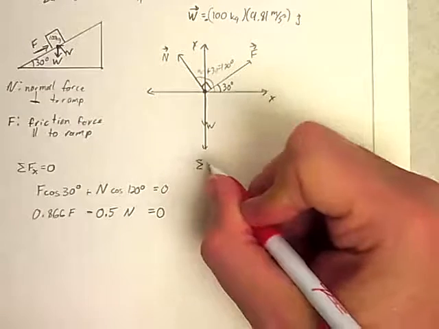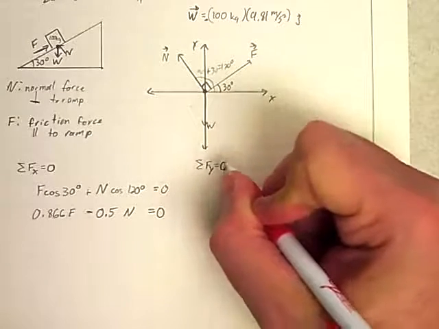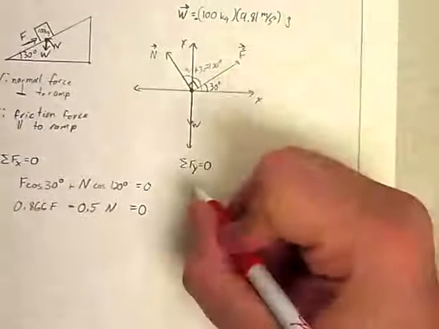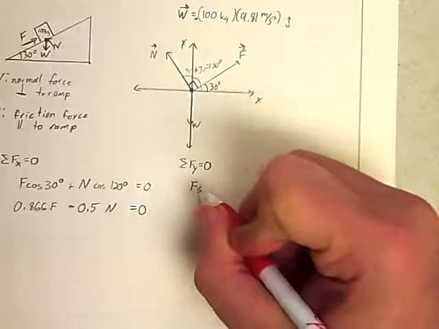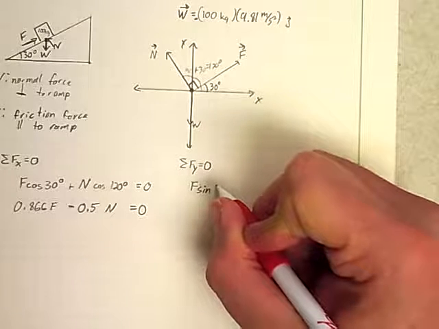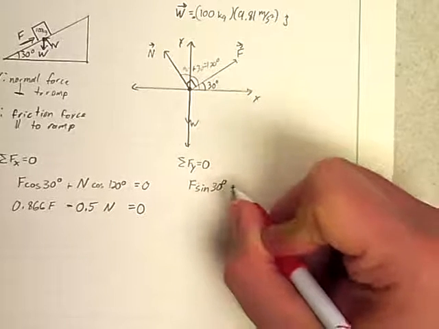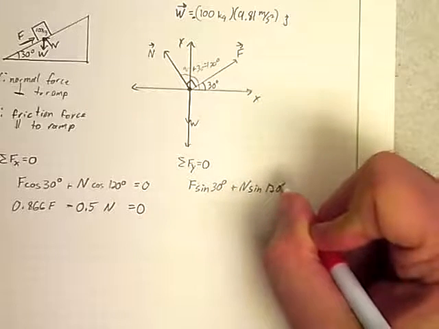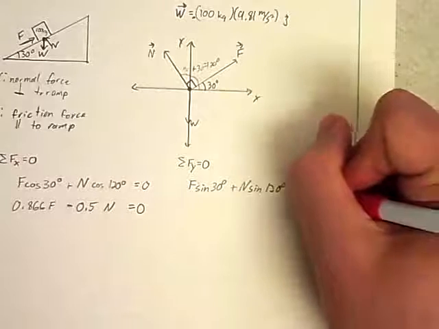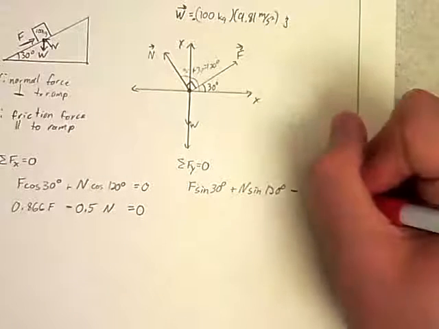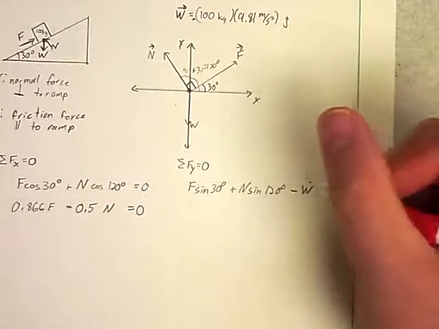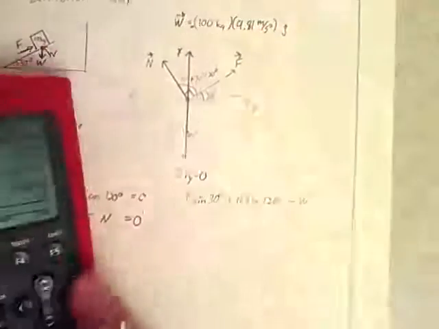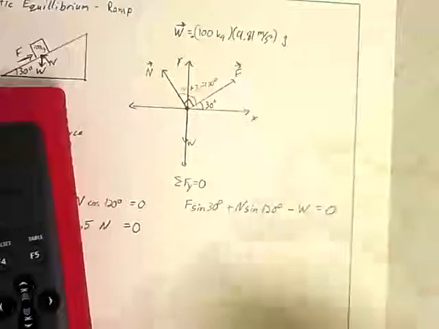We also know for equilibrium that the sum of the forces in the y direction has to equal 0. For F, we have F times sine of 30 degrees. For N, we have N times the sine of 120 degrees. And for W, we're minus all of W. Those added together have to equal 0.